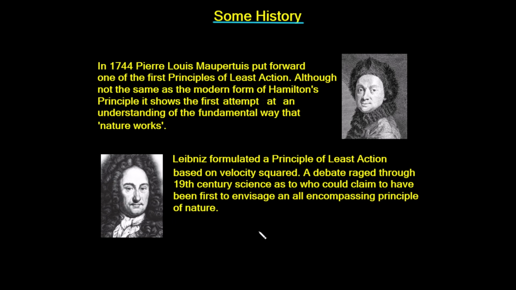Now, Leibniz also formulated a principle of least action, and his principle was based on the velocity squared, as opposed to the Maupertuis one, which was based on velocity. Now, a debate did rage through the 19th century in science as to who could claim to be the first person to envisage the idea of some all-encompassing principle of nature.